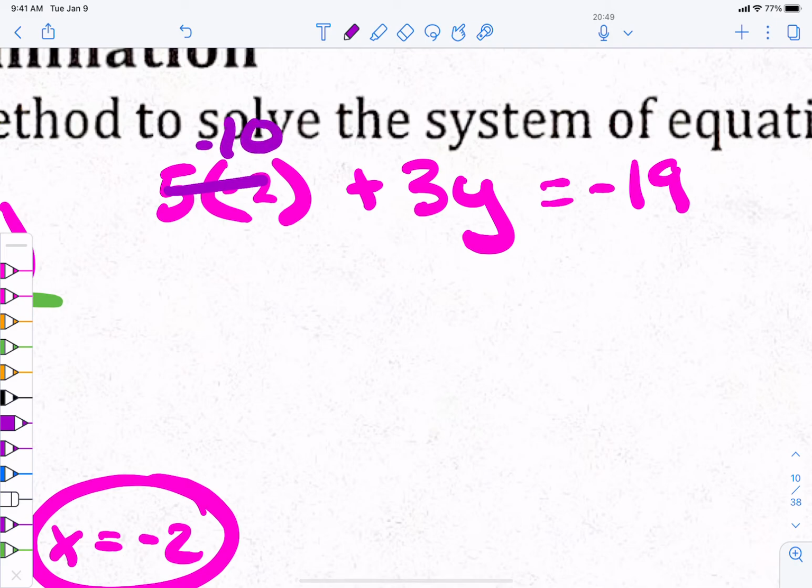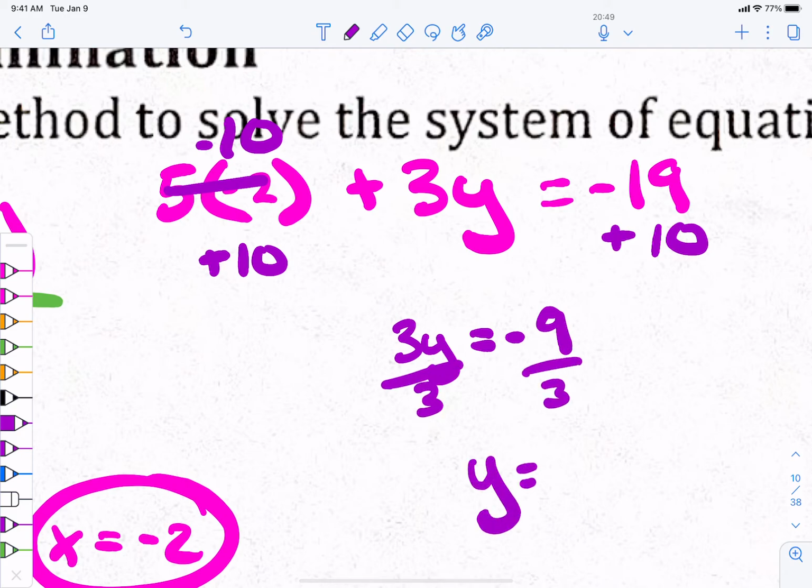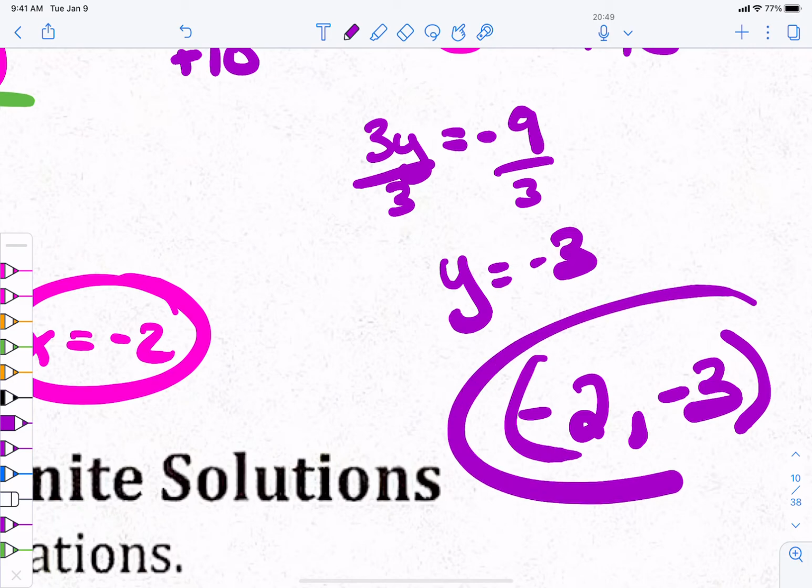That gives me negative 10. Okay? Now, add the 10 over. So plus 10 plus 10. 3y is going to be equal to negative 9. And then divide by 3. Y is negative 3. And the answer is negative 2, negative 3. Happy with that?